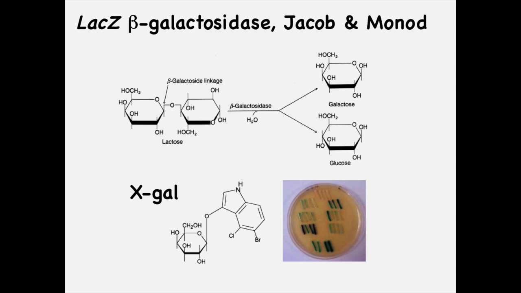And okay, this is the LacZ gene. It produces beta-galactosidase. And I talked about it before. X-gal is placed on the plate, and this material mimics lactose. And this beta-galactosidic linkage here is able to be broken down through hydrolysis, and you produce galactose and glucose.